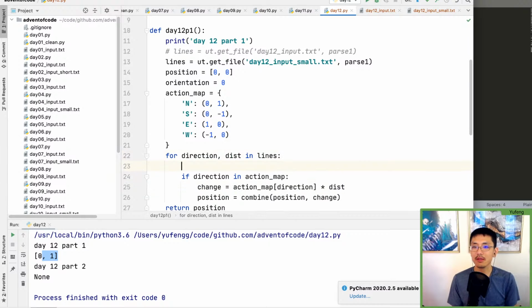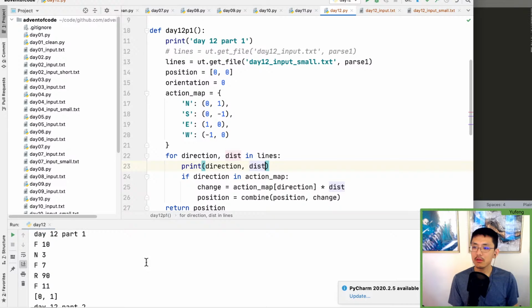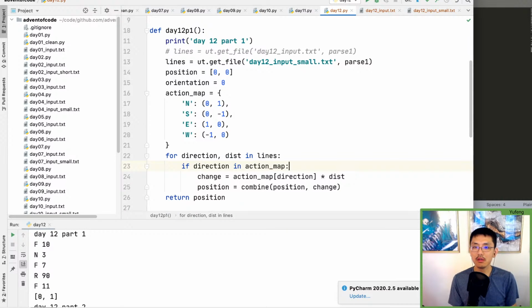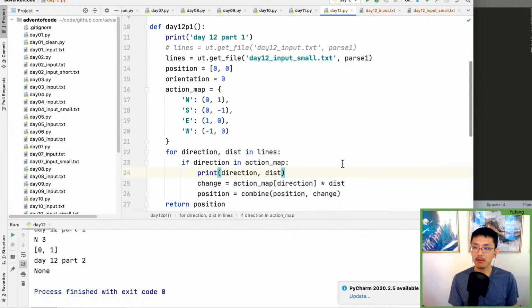okay, let's take a look at what we're doing here. When we get to here, north, 3, north.